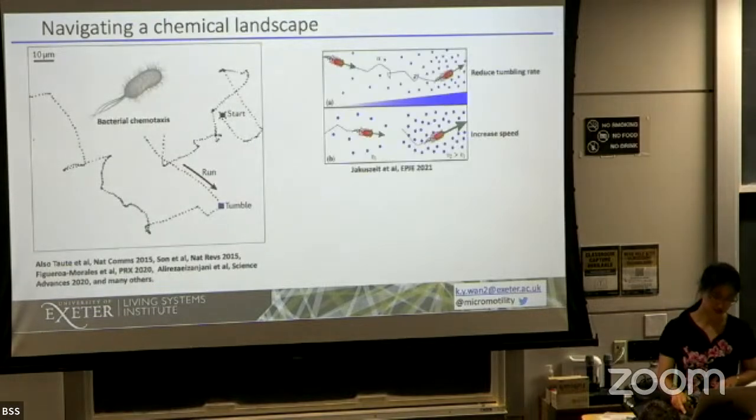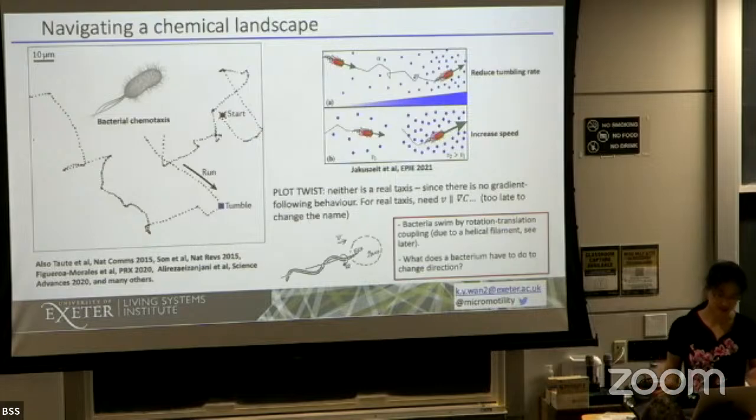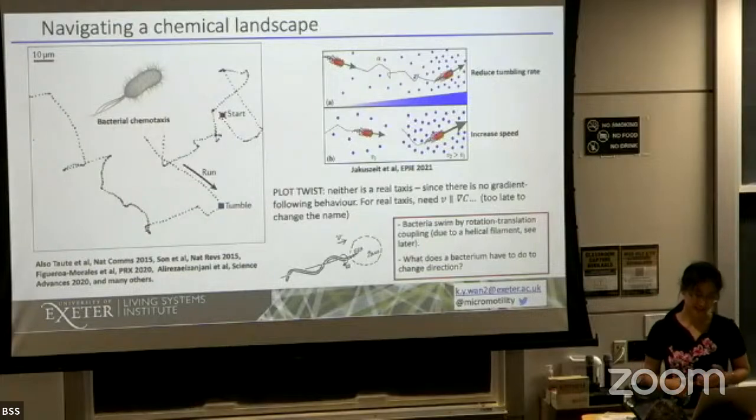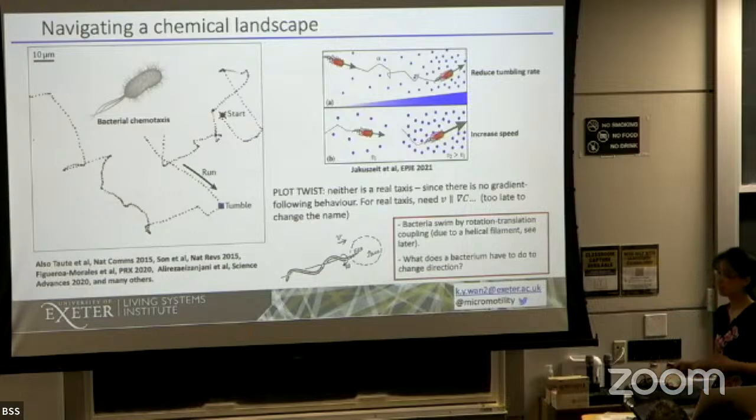In general, the reason why E. coli and many other species of bacteria do this in the first place is to make use of this algorithm to do things like chemotaxis.